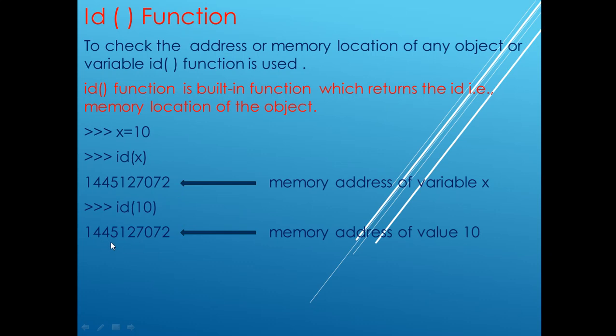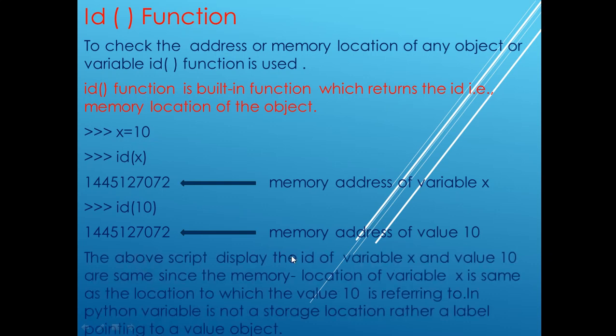You can see both memory locations are the same. By the arrow mark it is written as the memory address of value 10, and this is the memory address of variable x, because here you specified x as the argument of the id function, and here you specified the particular value which you have stored in x. So both the value and the variable x point to the same location.